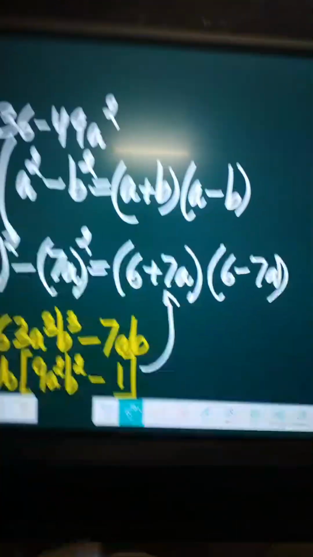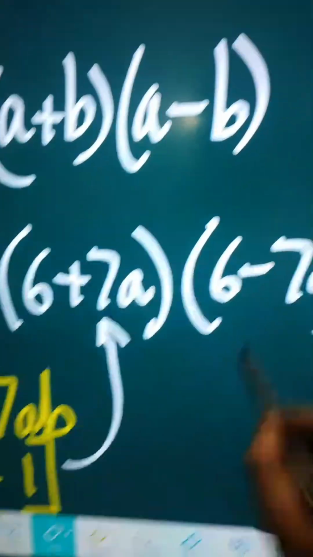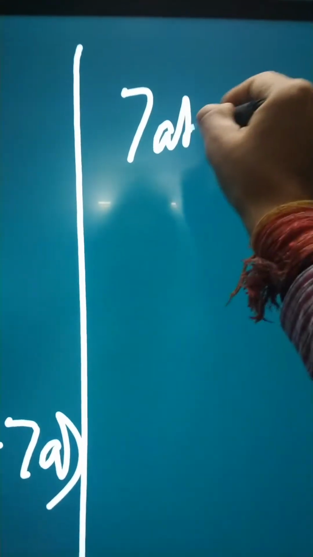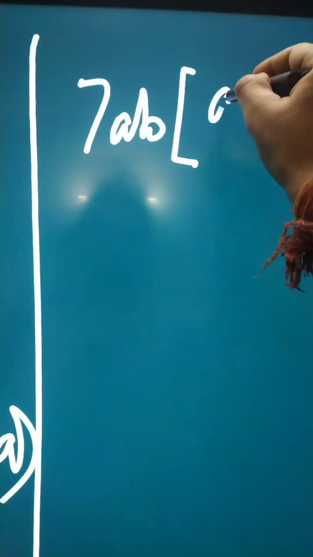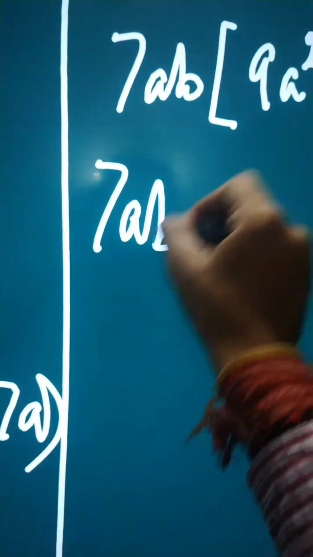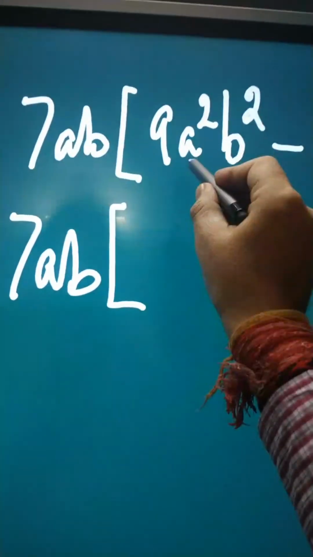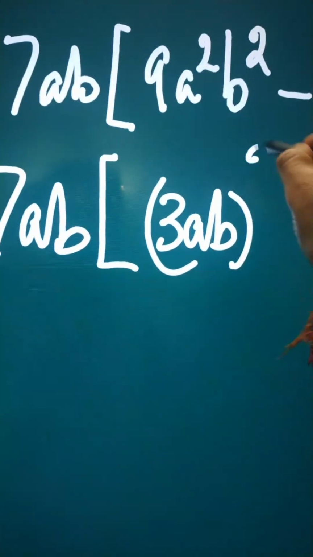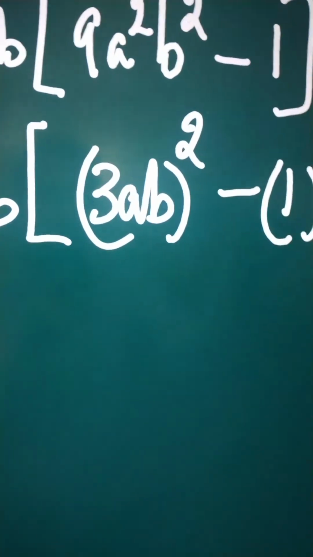So 7ab, 9a square b square minus 1. Write it as a square number, so it will be 3ab square minus 1 square.